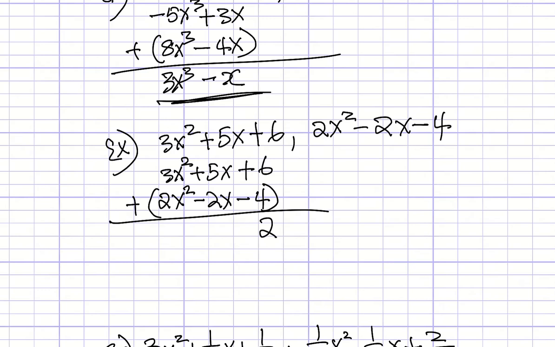You add the ones with the x variable, you get 3x. And then you add the ones with x squared, you get 5x squared. I didn't put the sign: this is plus, and this is plus. Okay, so we're done with that one, so we'll move on to the next one.